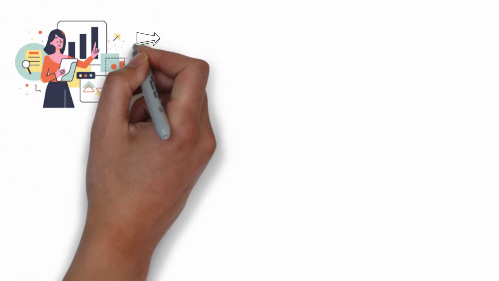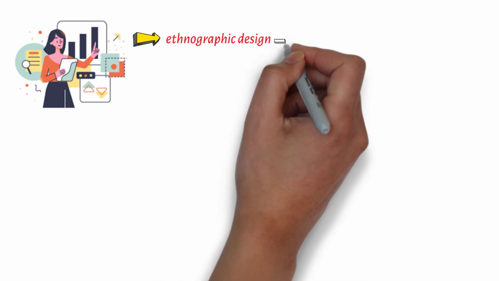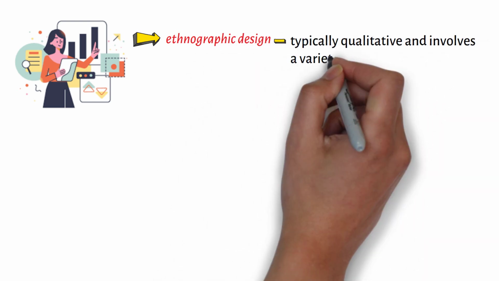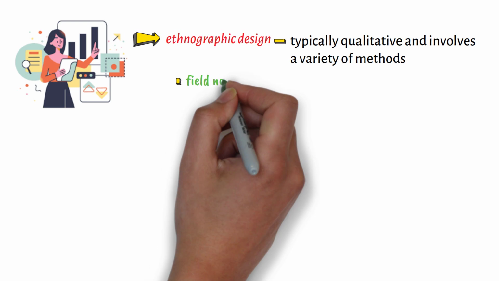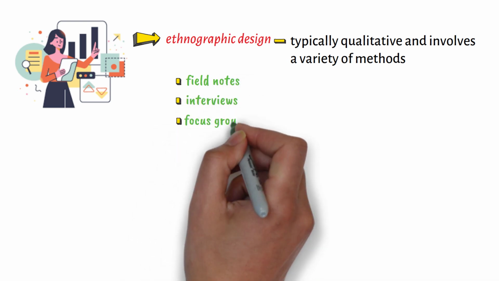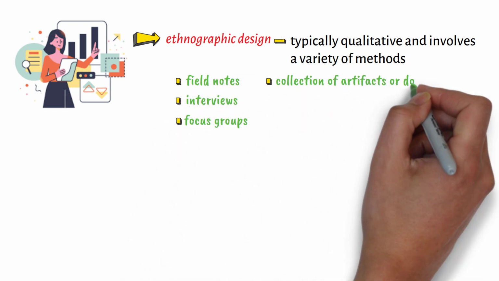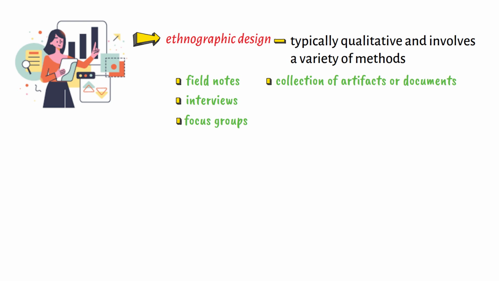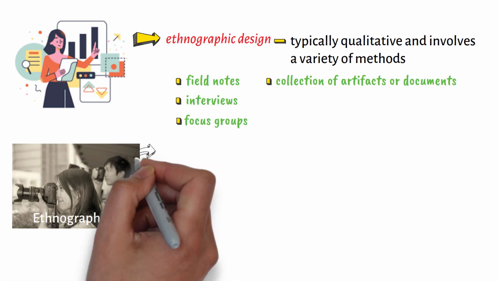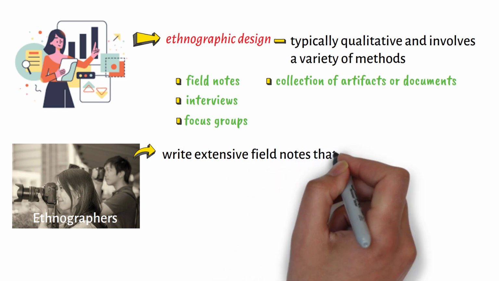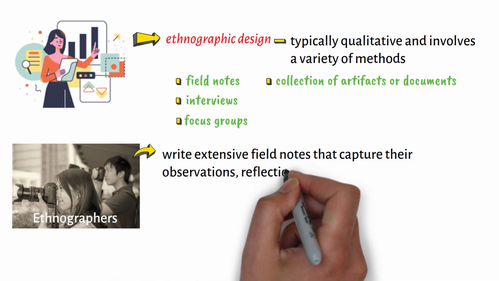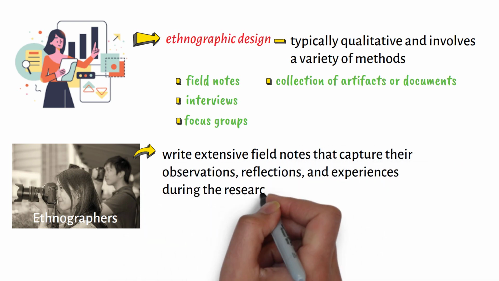Data collection in ethnographic design is typically qualitative and involves a variety of methods, such as field notes, interviews, focus groups, and the collection of artifacts or documents. Ethnographers write extensive field notes that capture their observations, reflections, and experiences during the research process.